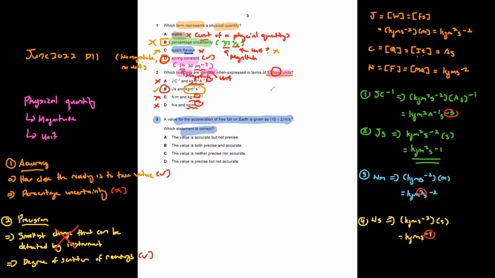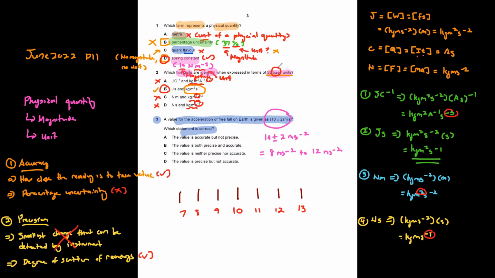Okay, so let's just imagine this. If I draw a few lines here representing certain values, I tell you that the value 10 is here. Then this one is 11, 12, 13, this is 9, 8, and 7. Now, if your value is listed as plus minus 2 meters per second squared, it could mean that your value is between 8 meters per second squared to 12 meters per second squared.